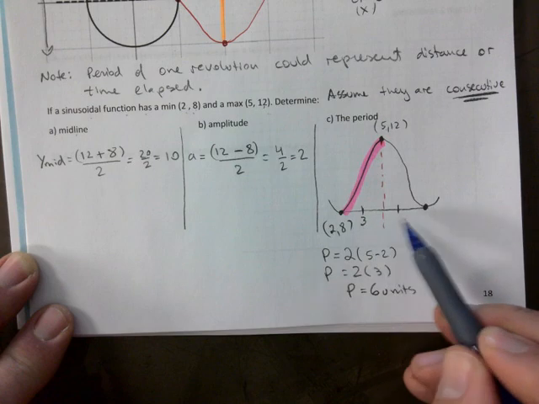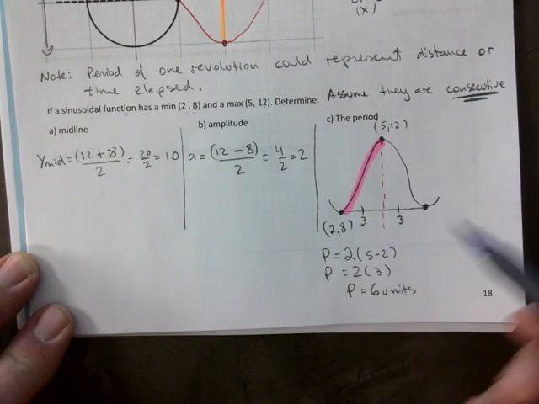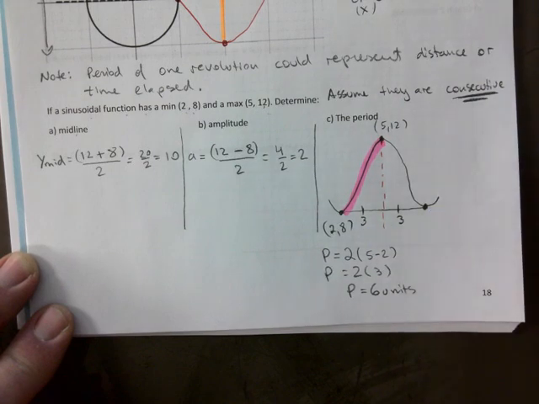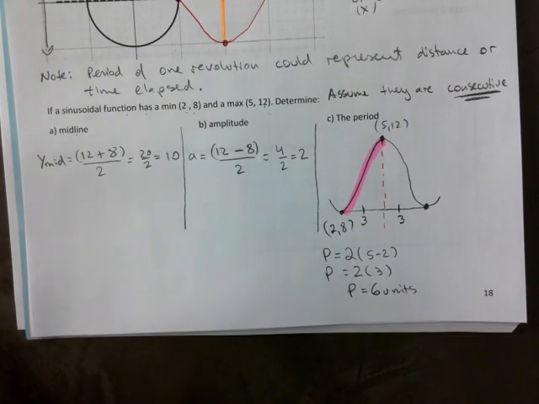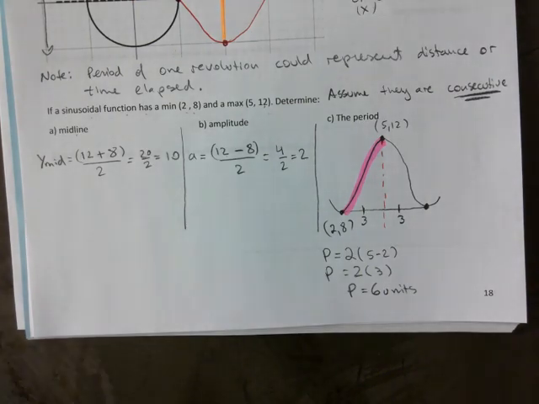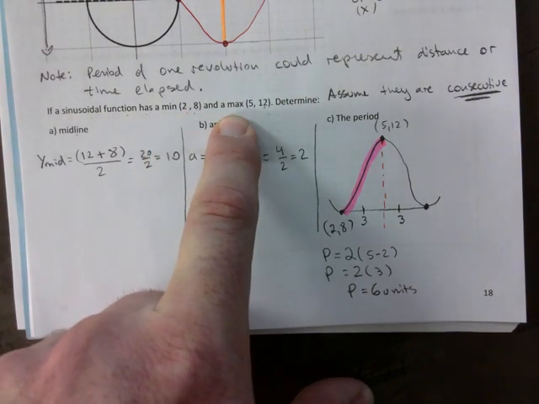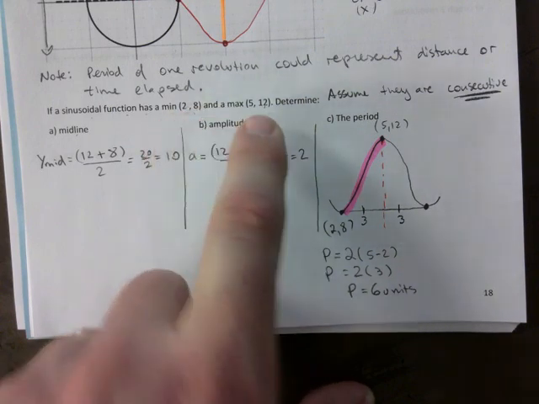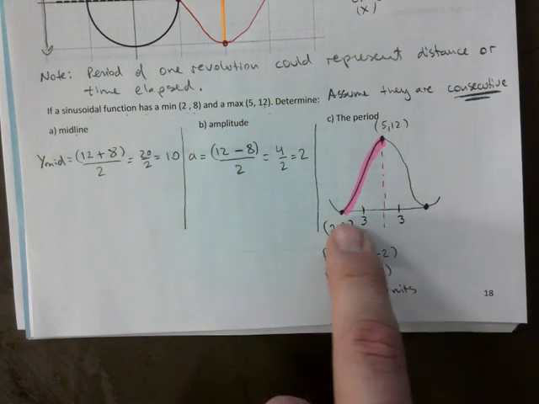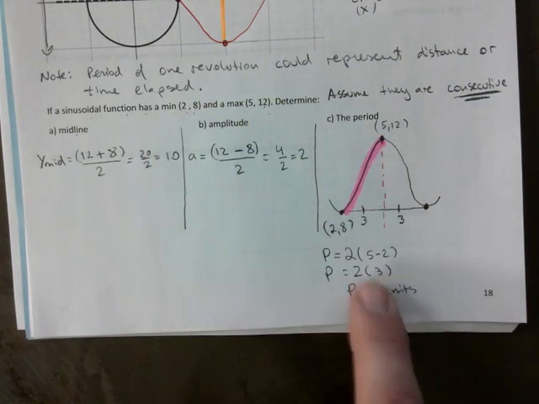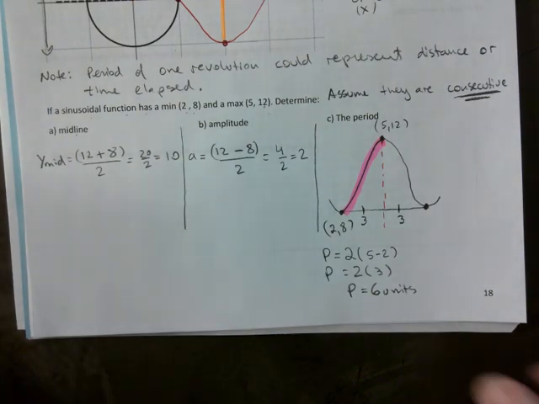It's 3 here, it's another 3 there. So we can actually now come up with this point, but we won't because they just ask us for the period. So when you have something like this, you just need to remember you're given half, right? From a min to a max, that's just half of a cycle. Just multiply the difference in the horizontal, right? Just multiply it by 2.